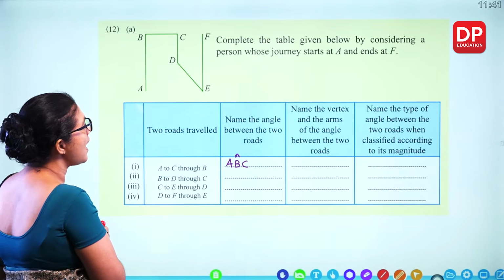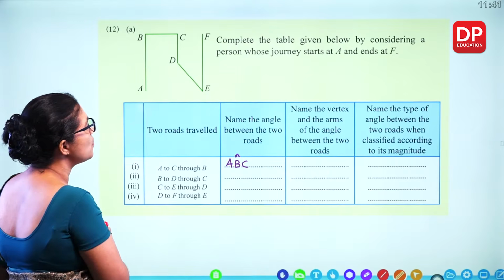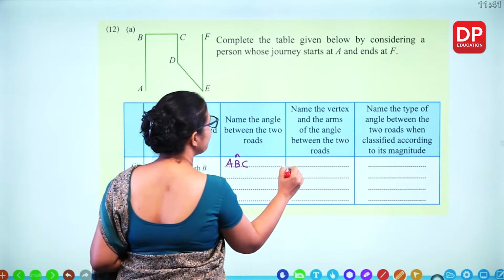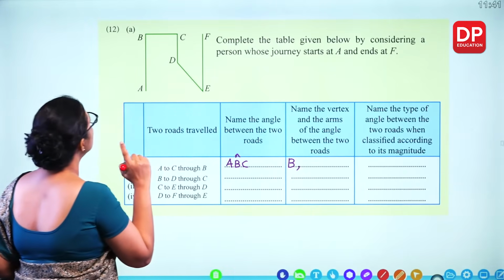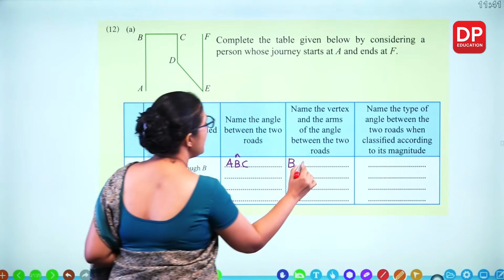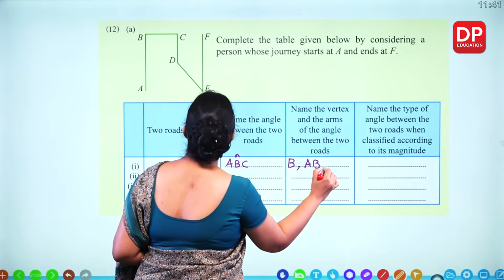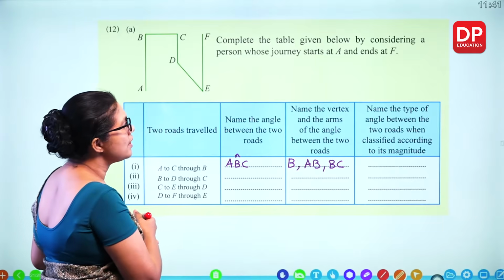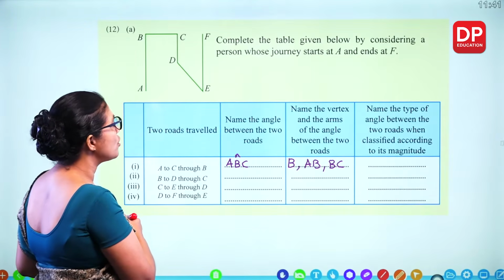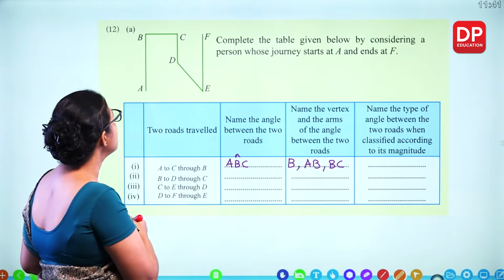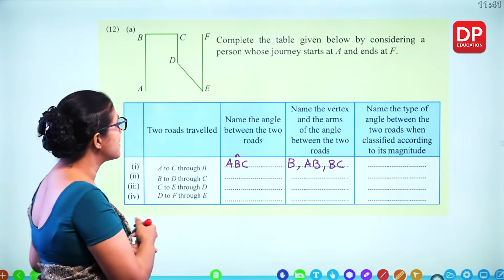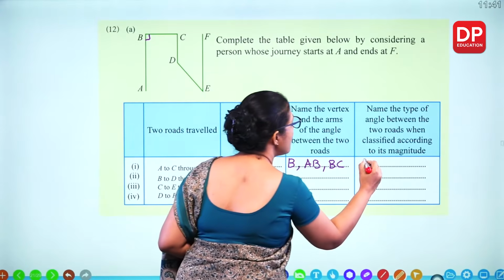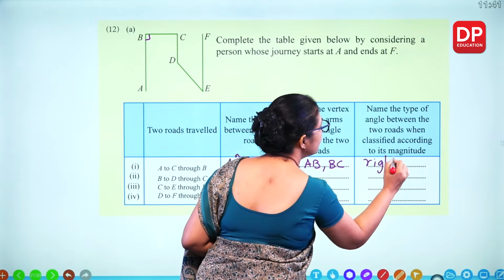Name the vertex and the arms of the angle between the two roads. Vertex is B. What are the two arms? AB and BC. Name the type of angle between the two roads when classified according to its magnitude. This is 90 degrees. 90 degrees means right angle.